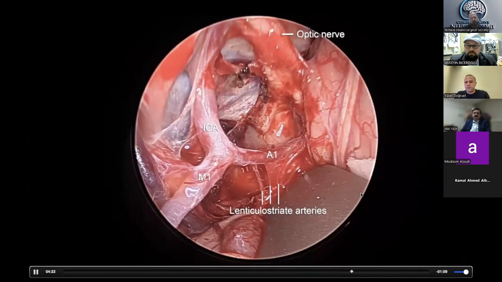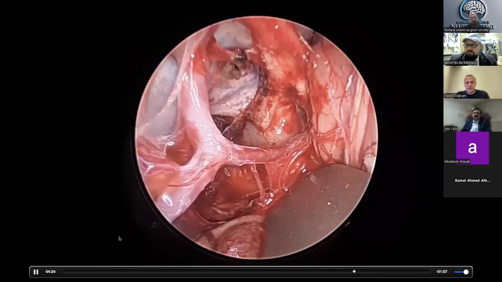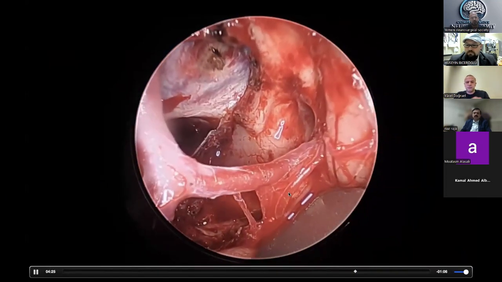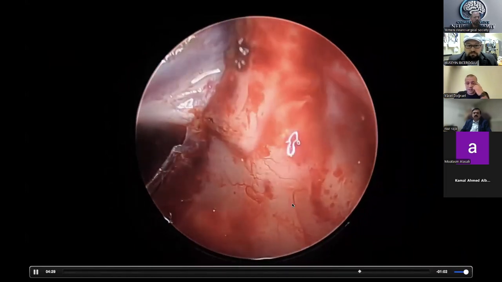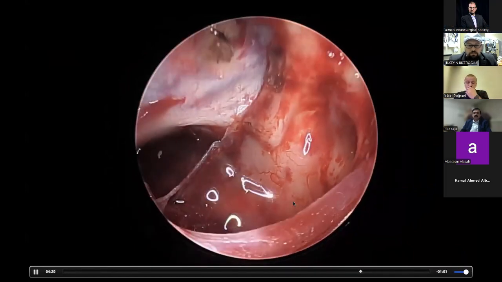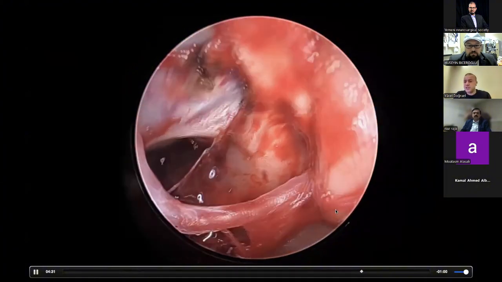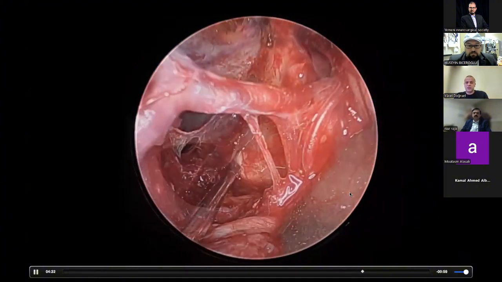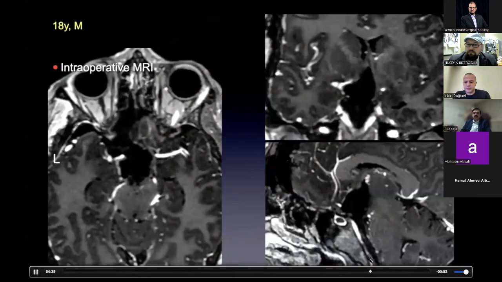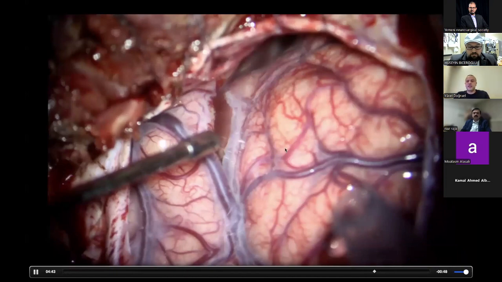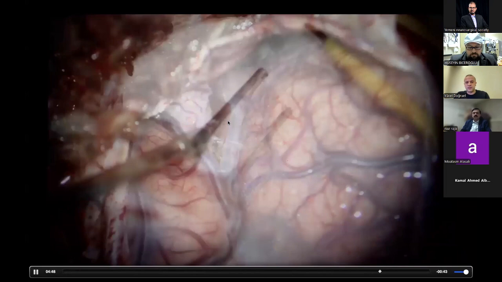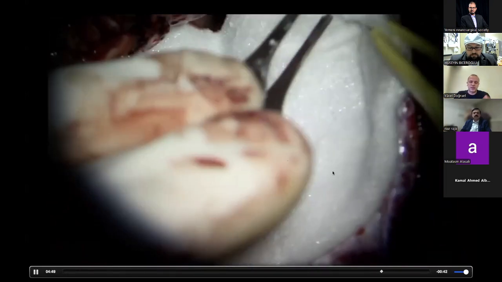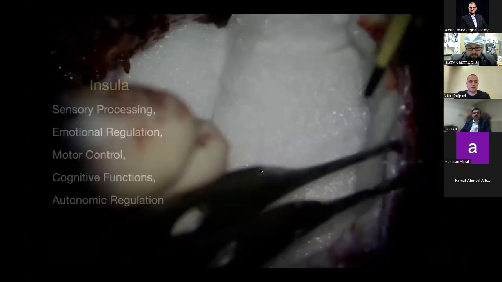With gentle retraction, all this area can be reached in the transsylvian approach, and this big tumor can be removed without damaging other structures of the brain. If you don't open the Sylvian fissure, we should retract. Here you can see the postoperative result and the importance of opening the Sylvian fissure.